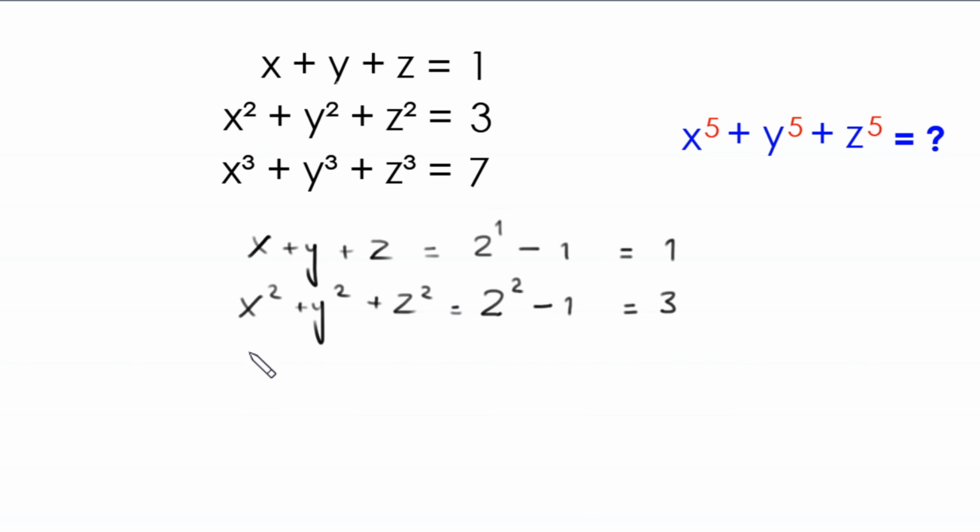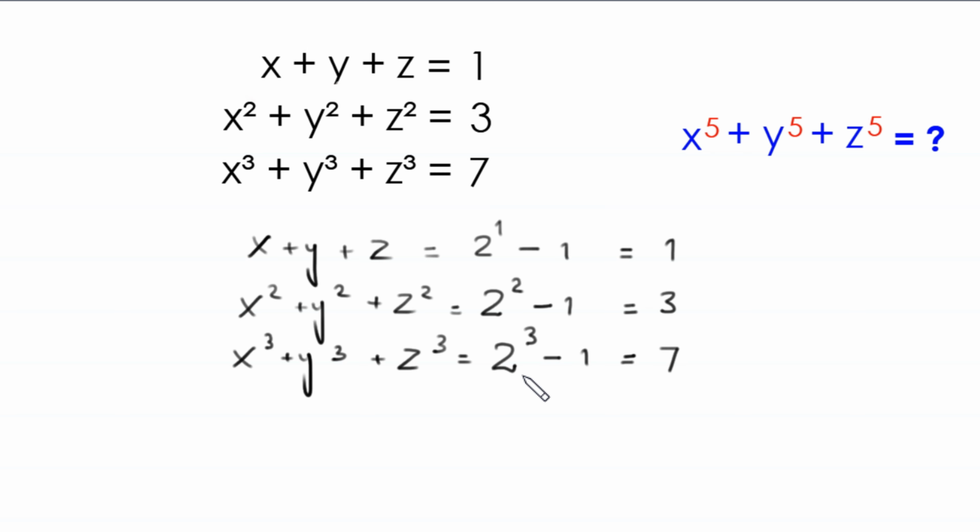And the third power sum, x cubed plus y cubed plus z cubed, is equal to 2 to the power 3 minus 1. That is exactly equal to 7.